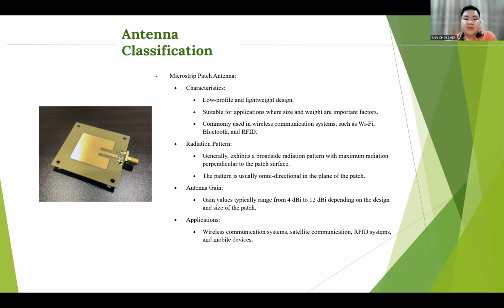The radiation pattern is broadside, with maximum radiation perpendicular to the patch surface, and usually omnidirectional in the plane of the patch. The antenna gain typically ranges from 4 dBi to 12 dBi depending on the design and size of the patch. Applications are wireless communication systems, satellite communication, RF systems, and mobile devices.